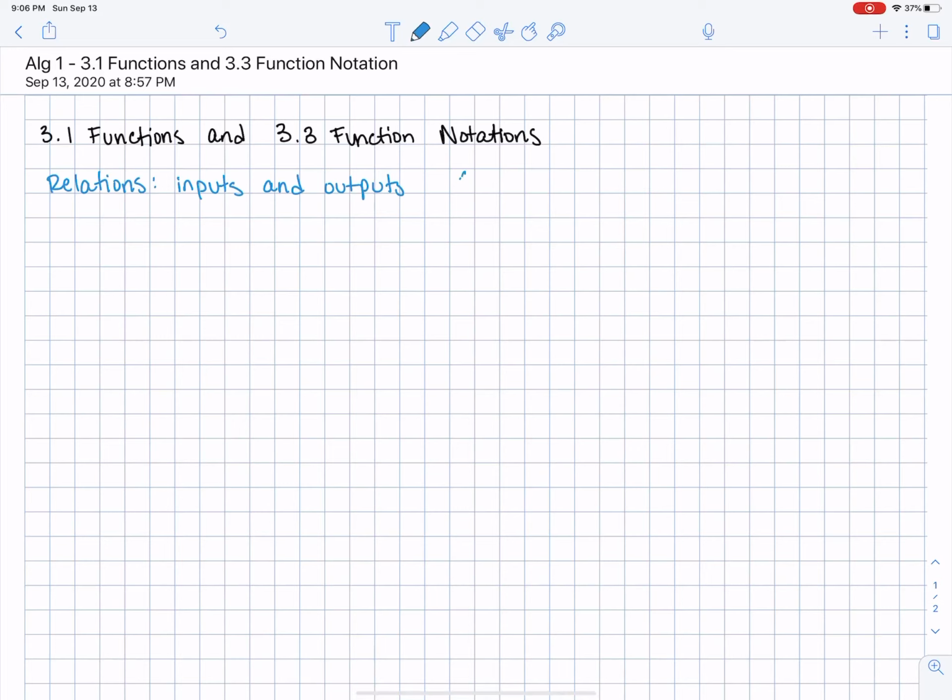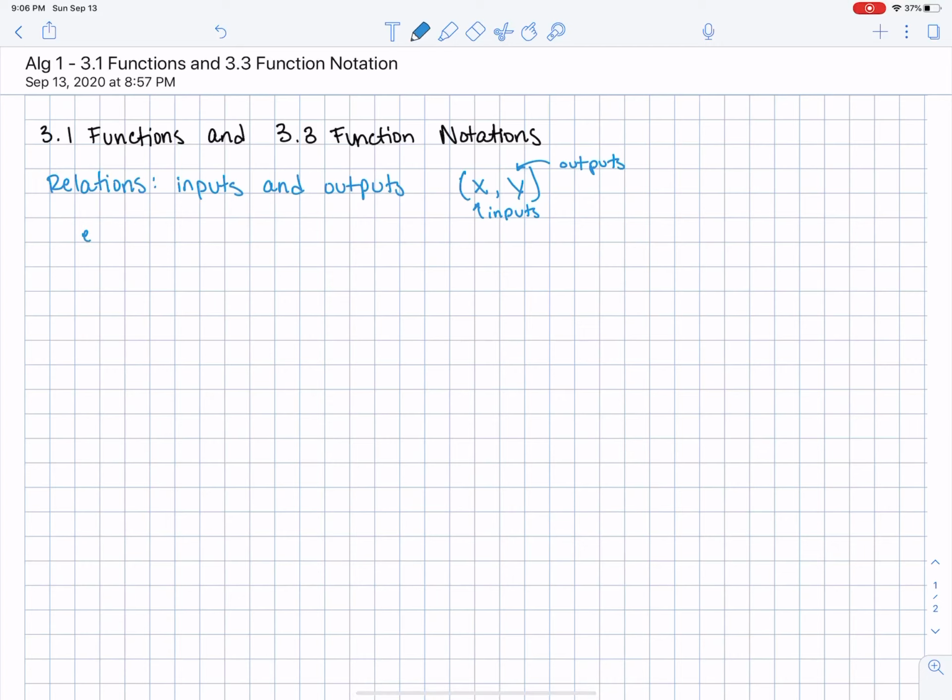For example, a coordinate plane has inputs of x and outputs of y. You're going to see this a lot today. So x are the inputs, and y are the outputs, meaning the number that you get out after you put a number in.